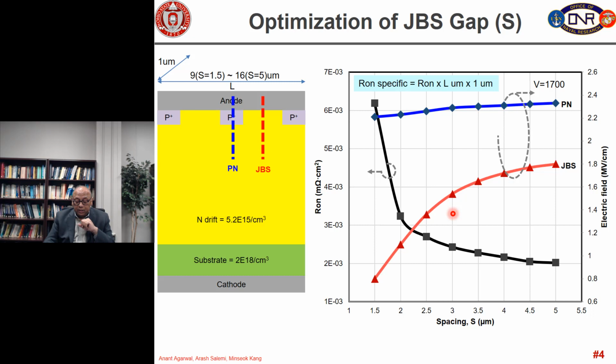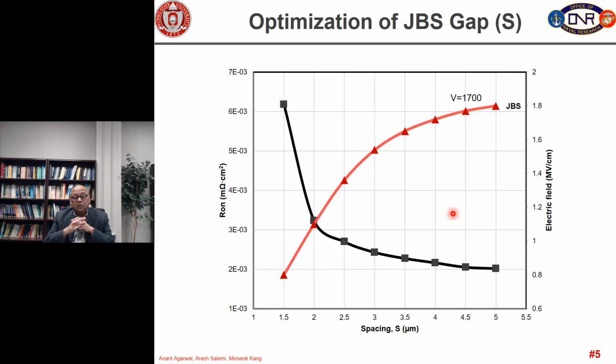So we have plotted the red and black lines in the next chart at 1700 volt again, and again we are trying to find the optimum JBS gap at which electric field is minimized and the on resistance is also minimized.